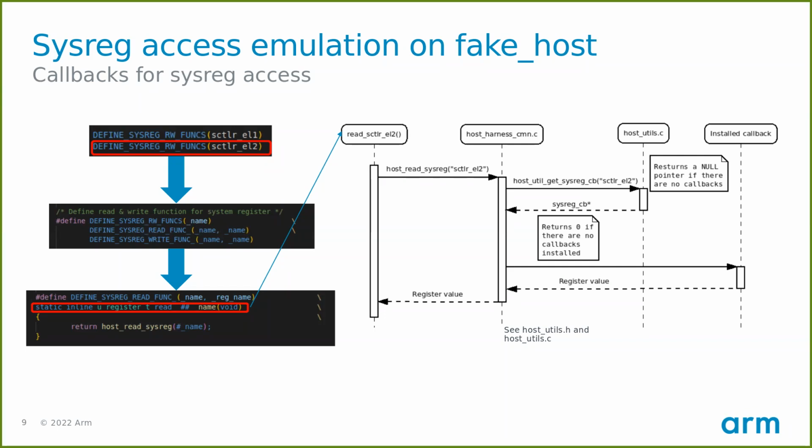So when we call the read API, for instance, what is happening is that we're calling that callback, and internally the host util library passes to that callback a pointer to the register representation, to that uregister_t type.